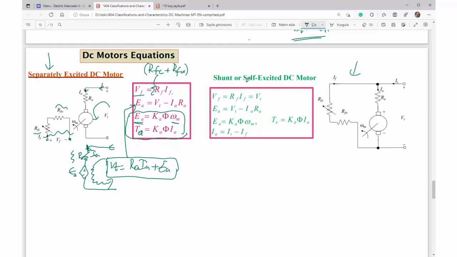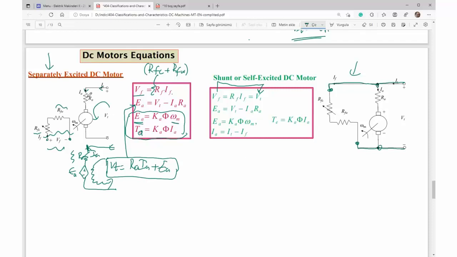In the shunt side, it is almost identical. Again, field voltage. In this case, it is special, not an external field supply used. Here we excite the excitation circuit from terminal voltage, armature terminal voltage.